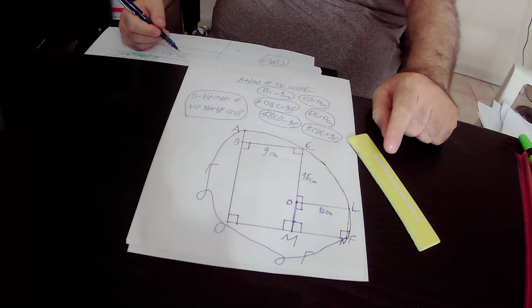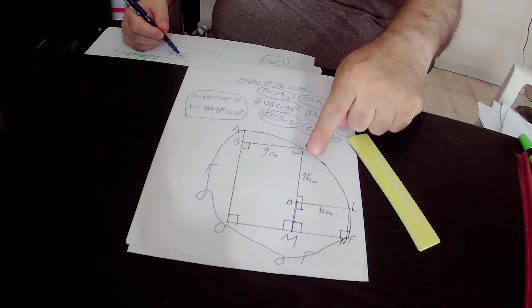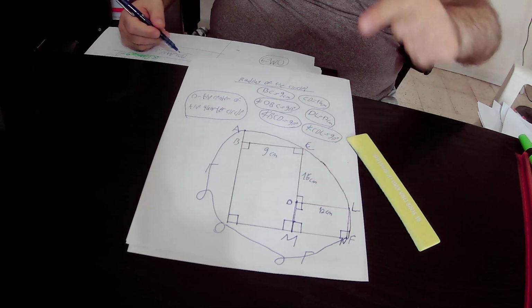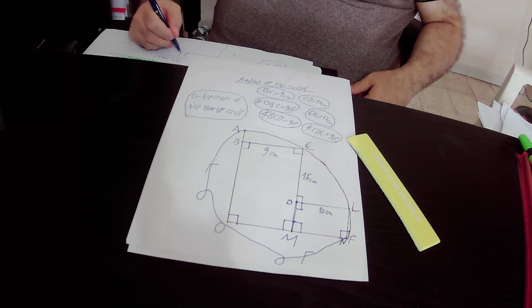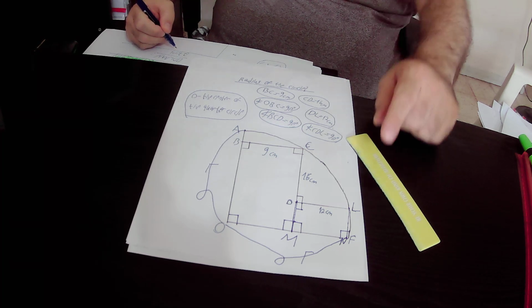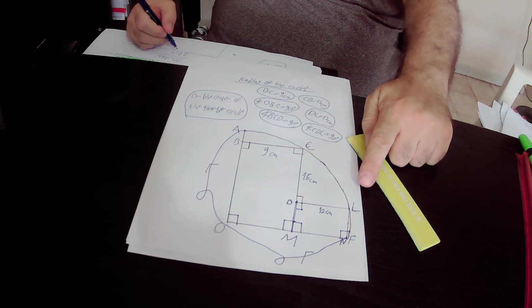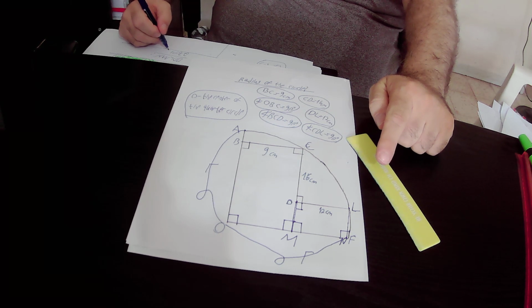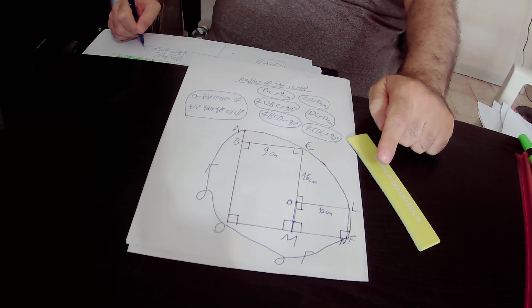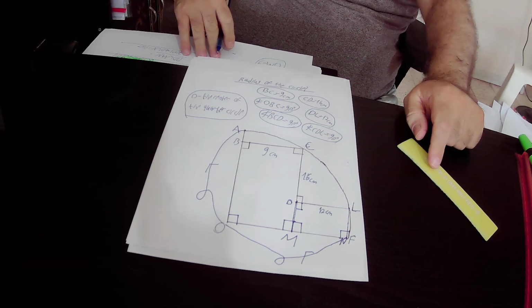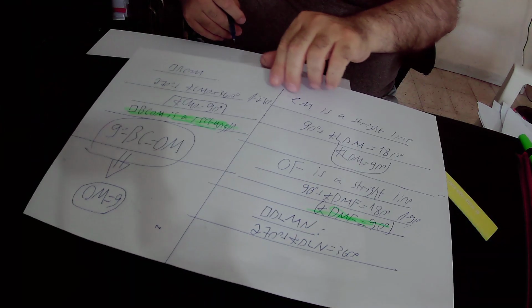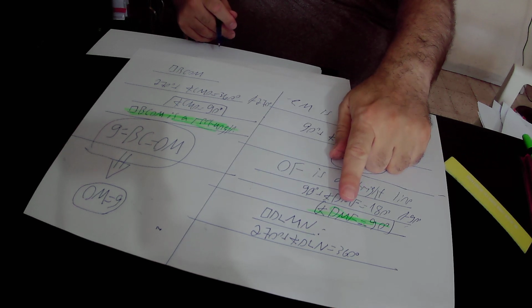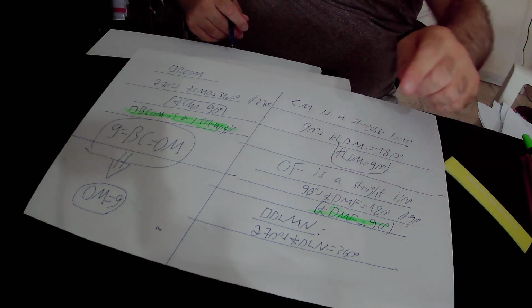So now we can see that inside quadrilateral DLMN we have 3 right angles. The sum of 3 right angles is 90 times 3, which is 270 degrees, plus the size of the fourth angle, angle DLN. In total, the sum of those 4 angles must be equal to 360 degrees, according to the rule that the sum of the angles in any quadrilateral is equal to 360 degrees.